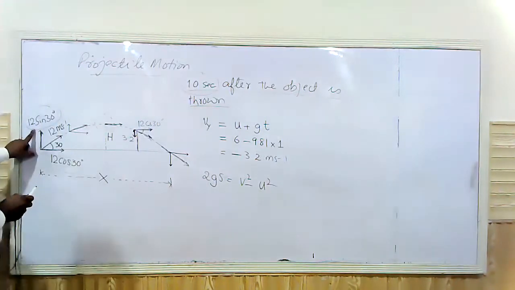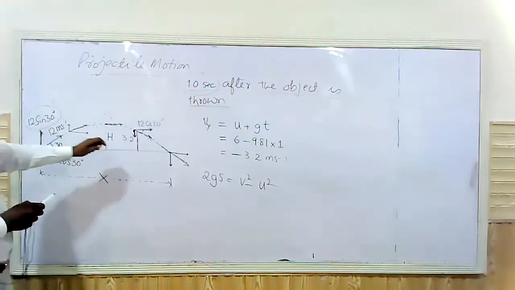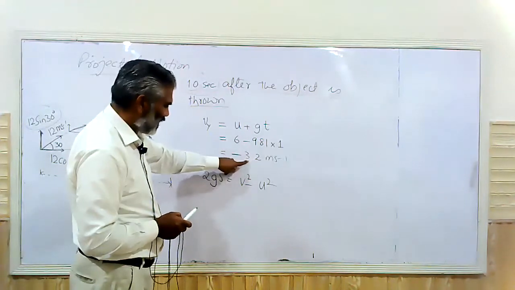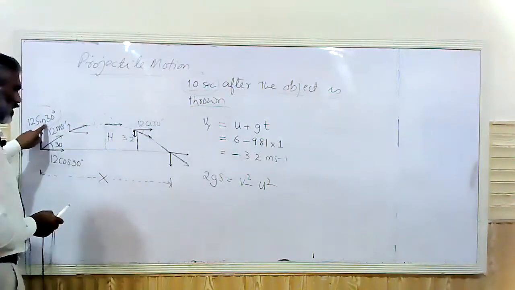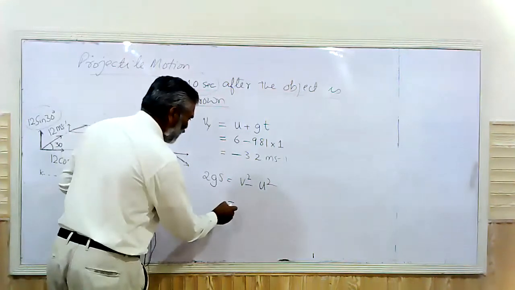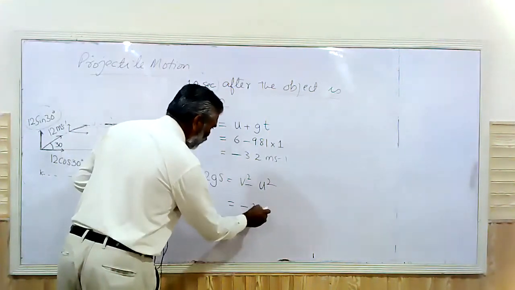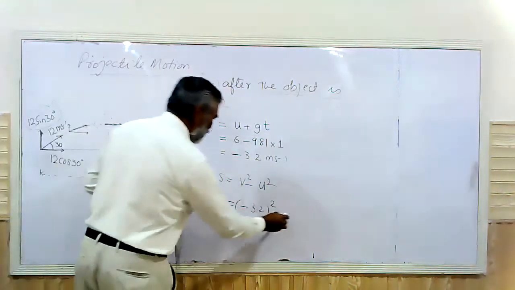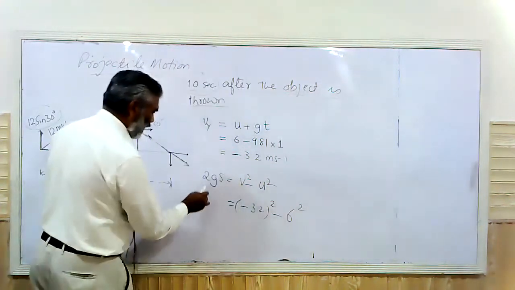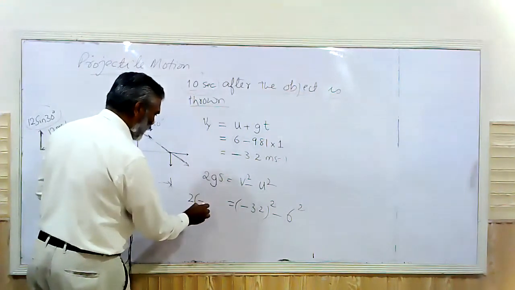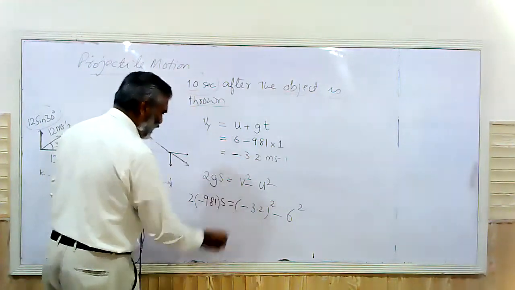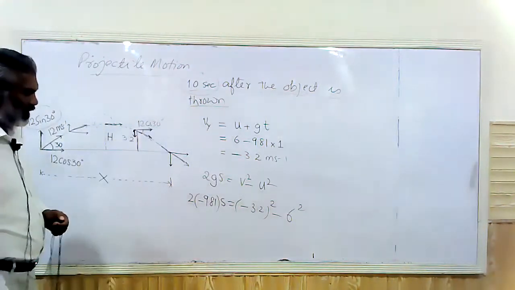The initial vertical component of velocity is this, the final vertical component of velocity is this, I mean v is this and u is this, and you use these values here, minus 3.2 squared minus this is 6 squared, and this is 2 into minus 9.81 into S. S is the displacement.